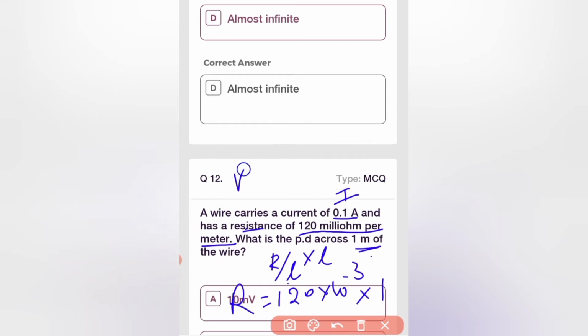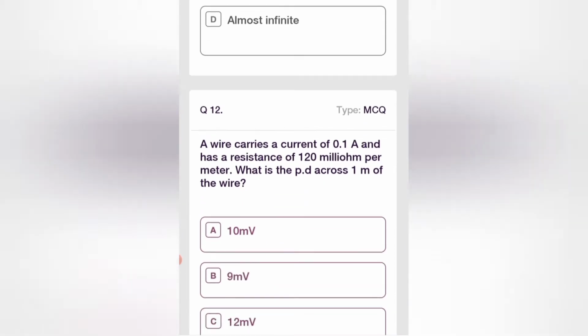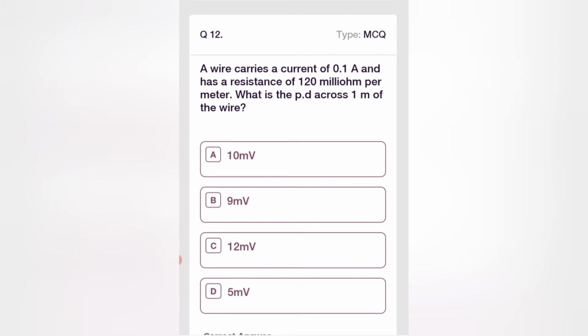Potential difference V is equal to I into R. I is 0.1 and R is 120 milliohm. So the resistance is 120 into 10 to the power minus 3.